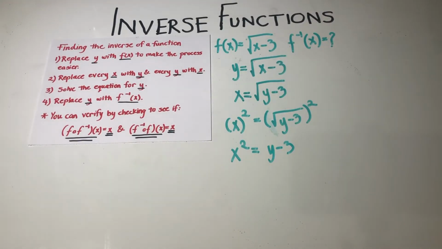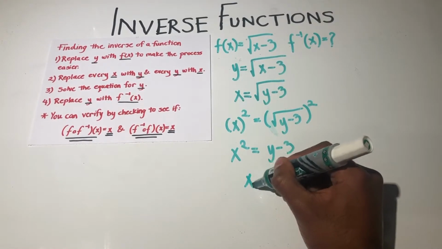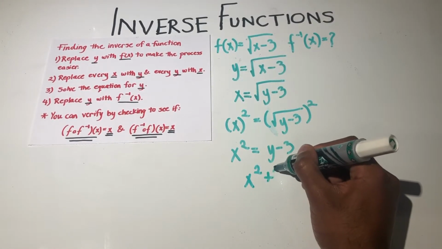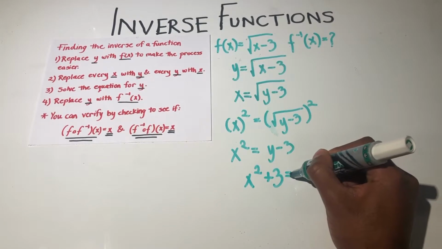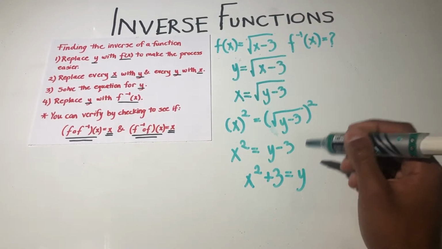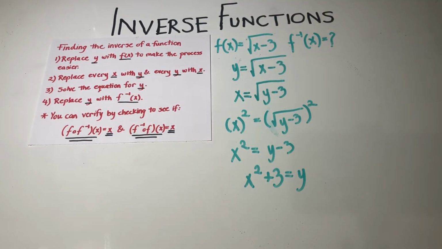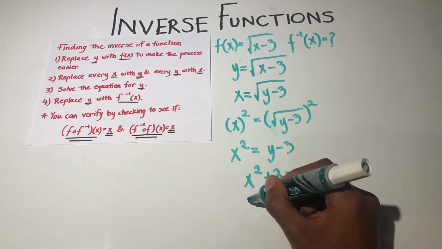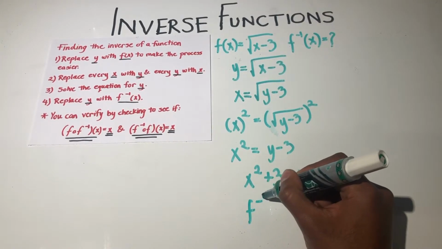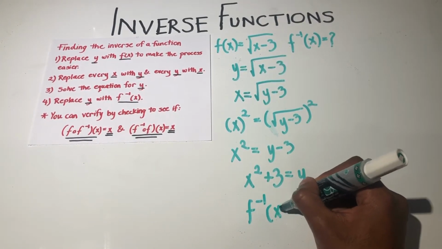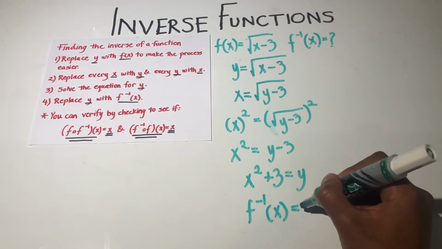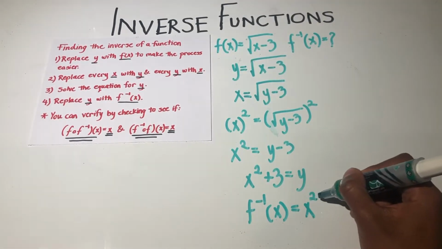And then if we add 3 on both sides, that's just going to give us x squared plus 3. And you're going to end up with y, which is what we wanted from step 3. Now in step 4, it says to replace y with the inverse notation to say that we have found the inverse, that this is the inverse.